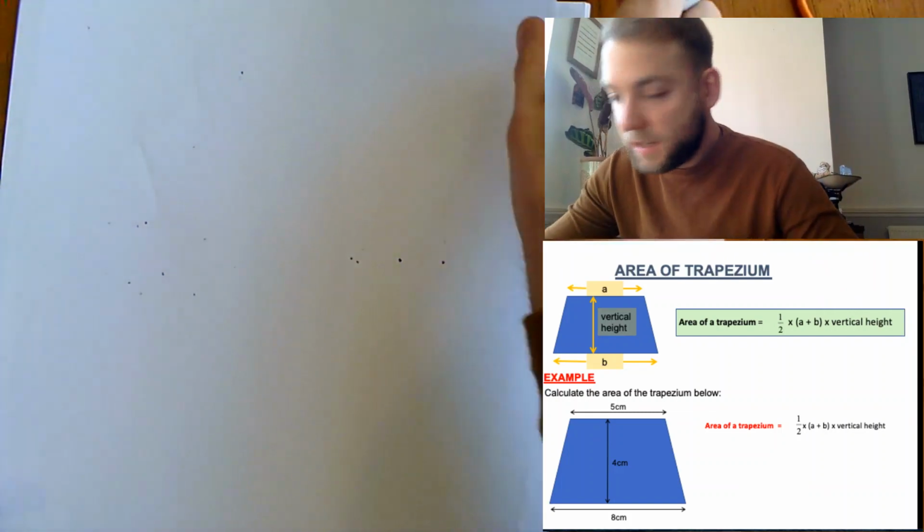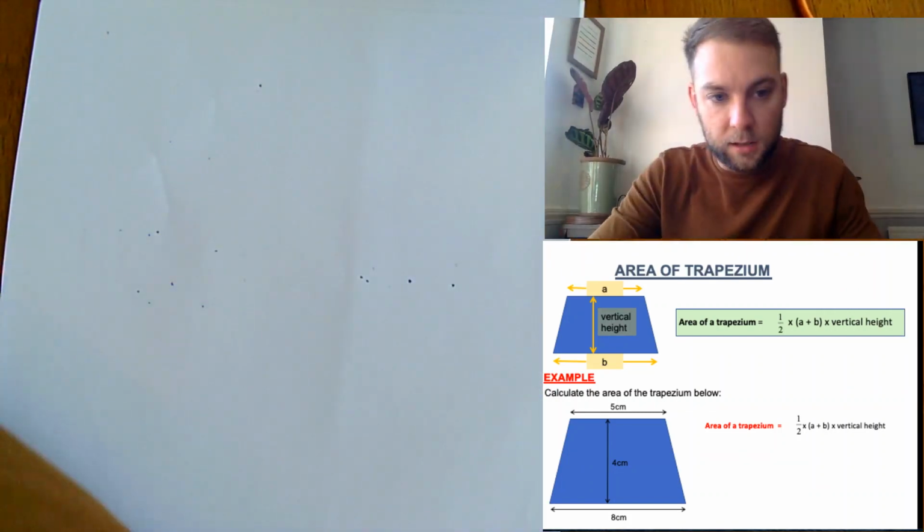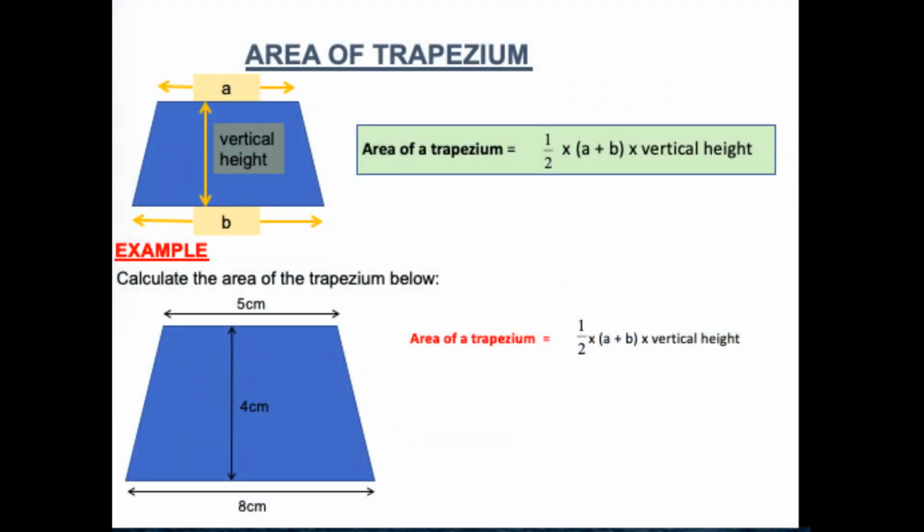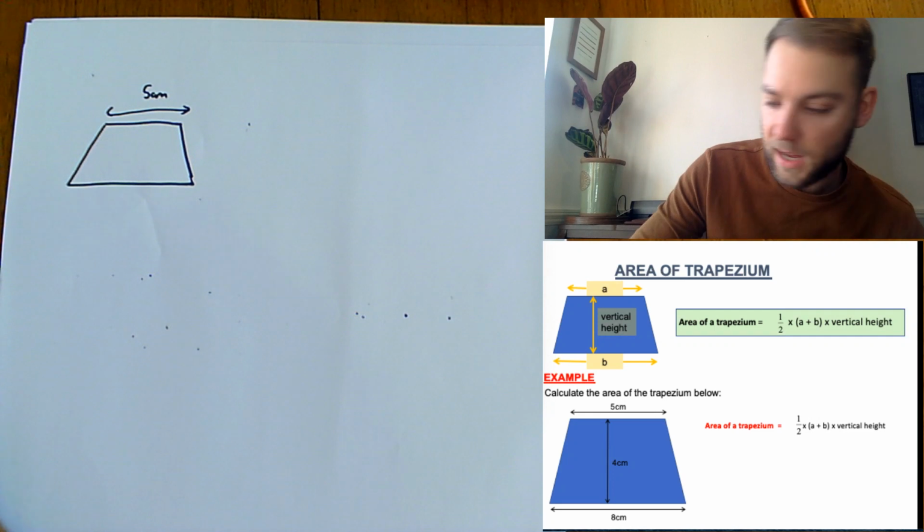So, we've got a trapezium question here. I'll just make it big for you so you can see it, and I'll go through it in a second. So here we've got our trapezium. And the top is 5 centimetres. I'm drawing this out, so I think this is example 5, is it?